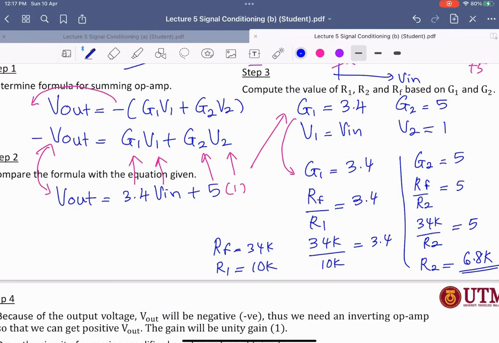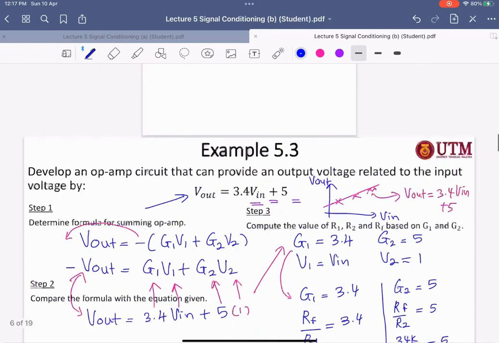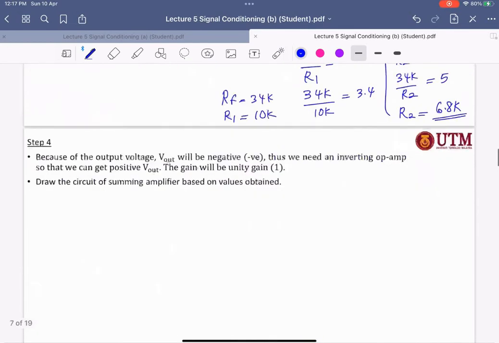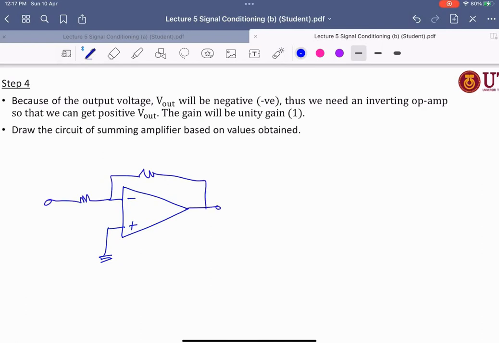Done. So we got all these values. Now it says develop, which means you need to design and construct the circuit. First of all, draw the inverting circuit. This one goes to negative. This one has a feedback resistor RF, and this one has R1.